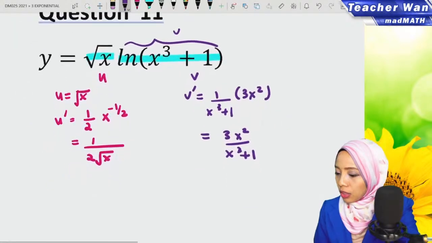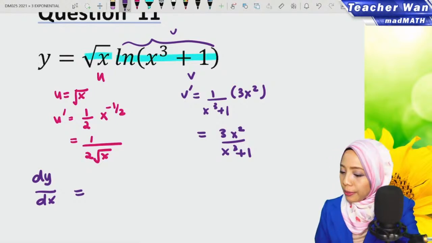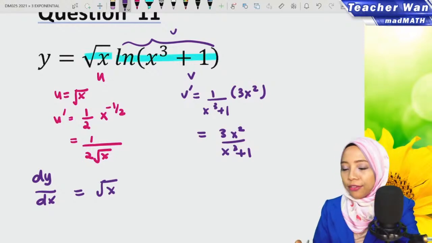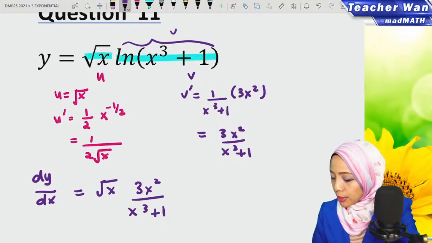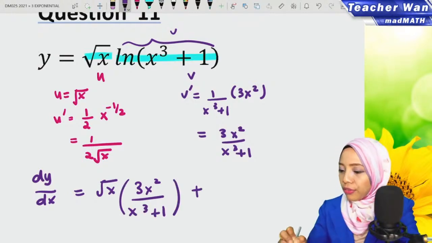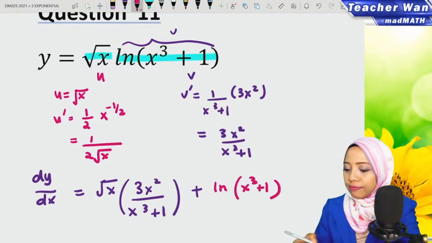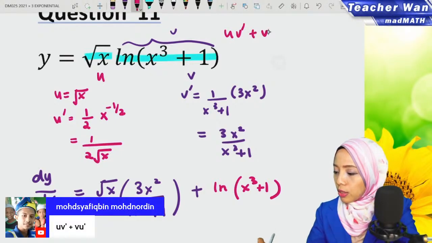Now dy over dx equals to uv prime, so u multiplied with v prime. So your v prime is 3x squared over x cubed plus 1, plus ln of x cubed plus 1, and the derivative of u, v prime plus v u prime.